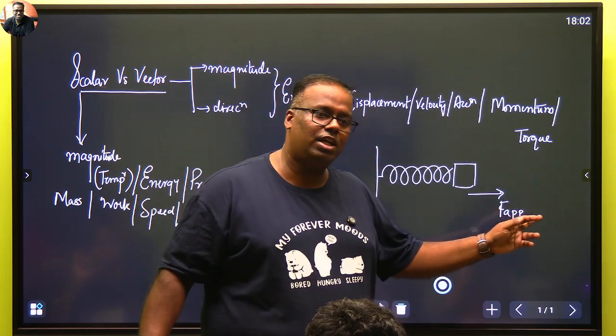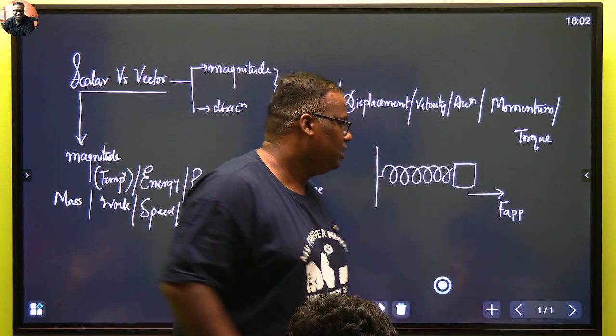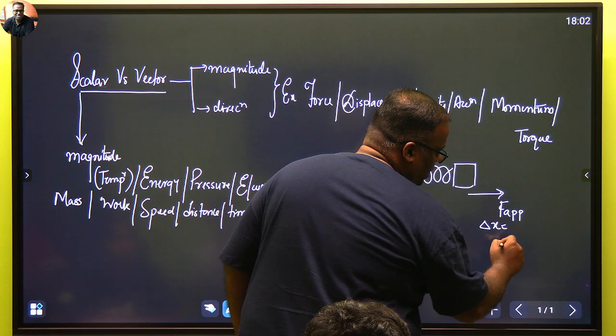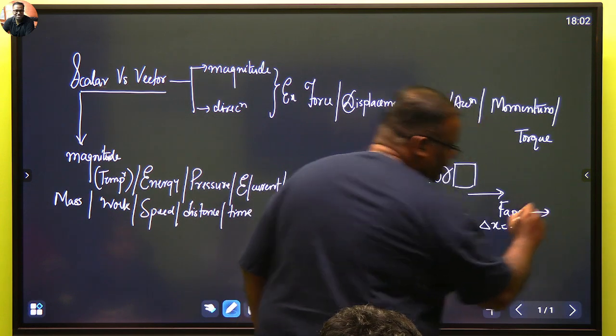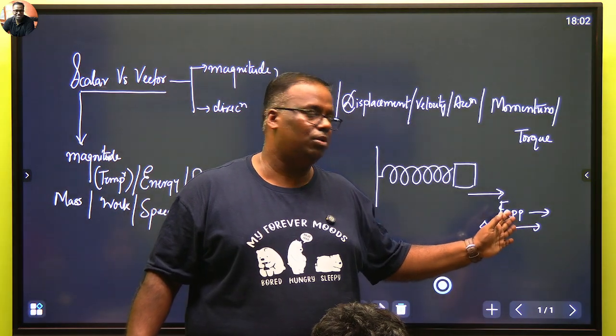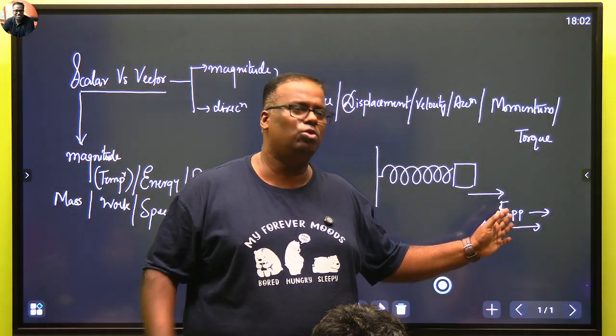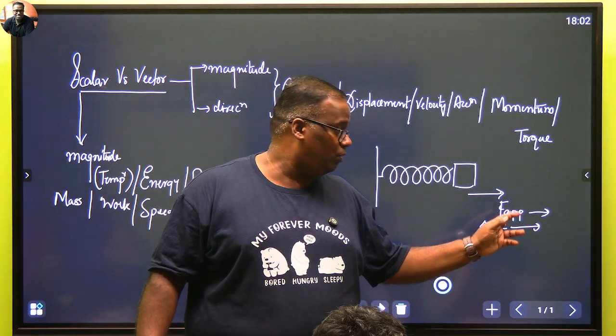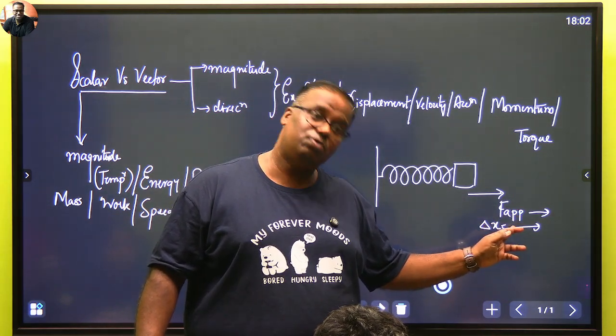Applied force is in which direction? This direction. Then the elongation, that is the delta x, will be seen in which direction? It is also in this direction, right? यहाँ पे अगर हम when we talk about the work done by this applied force, you don't know the expressions right now. At the time work done by this applied force, it will be what? Force into displacement into cos of 0.